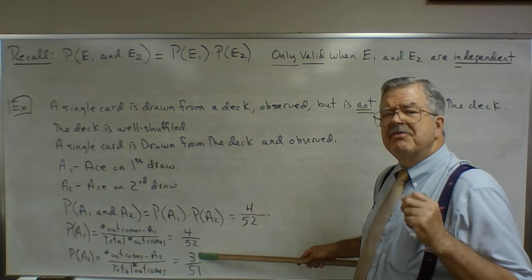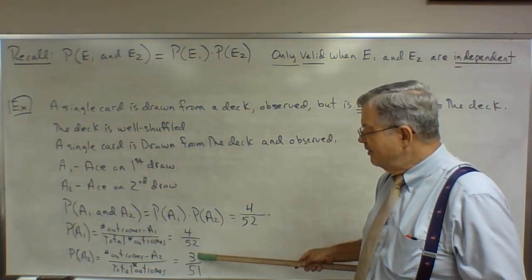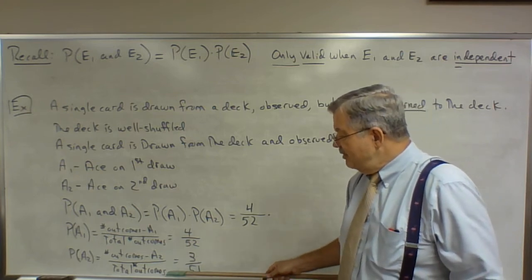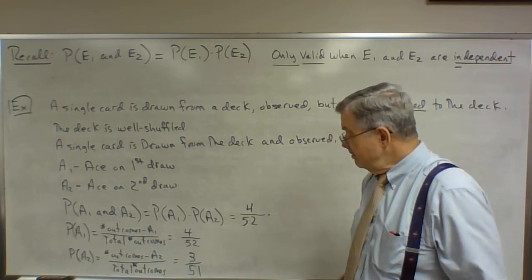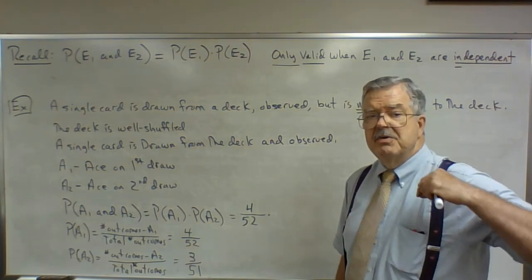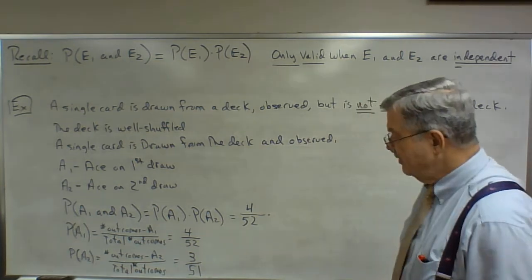So there's only 3 aces left in the deck. There's only 3 ways or 3 outcomes that result in an ace. And the total number of outcomes is 51, because that first card that we drew, we didn't put it back in the deck, we put it in our shirt pocket.